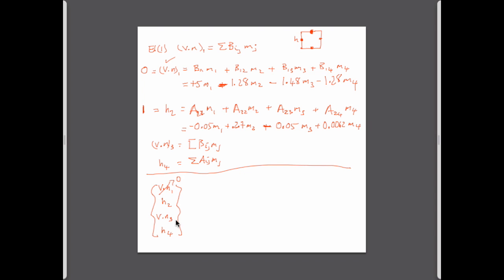This is 0, this is 0, this is 1, and this is 0. And so these coefficients multiplied through by the weights is just going to be a matrix relationship. It's easier to write it as a matrix for me. We've done this many times in this class, right?